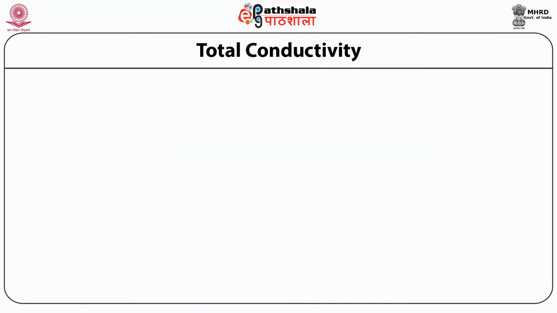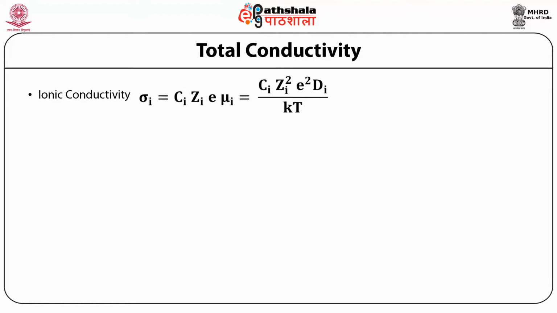Before moving to total conductivity, the ionic and electronic conductivity. The electrical conductivity of a species, let us say i, sigma i, is defined as the charge flux per unit electric field. The units are ohm inverse centimeter inverse, or Siemens per meter.